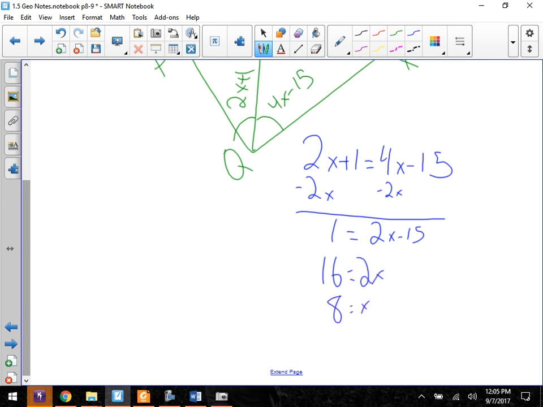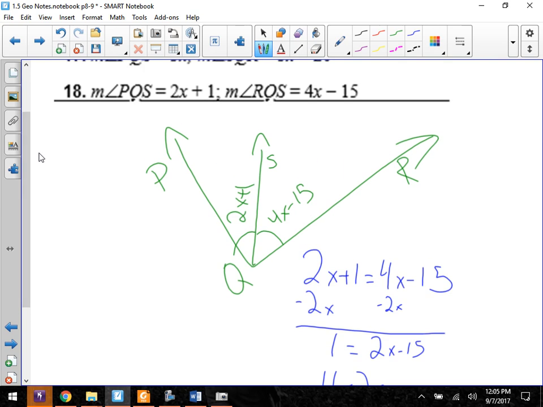The instructions then said to figure out what PQR was, I believe, for the whole thing. Well, remember, what's nice then is that you can take a second and make sure that, well, if x is 8, what's 2 times 8? 16. Plus 1. 17. Okay. 4 times 8. 32. Subtract 15. 17. Does 17 equal 17? Yeah. That's a good sign.